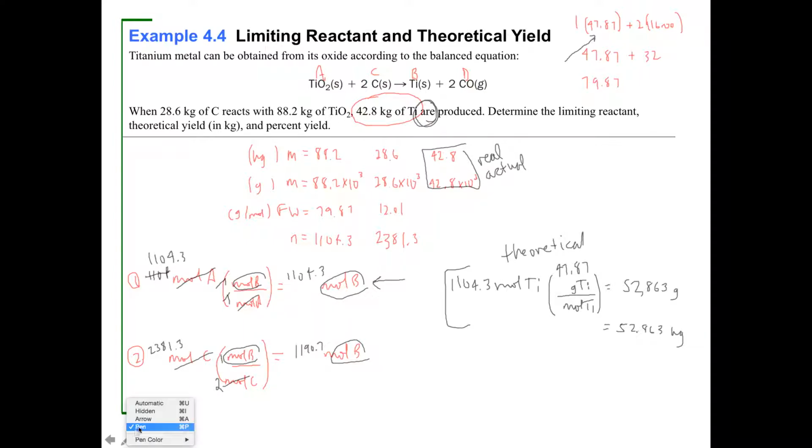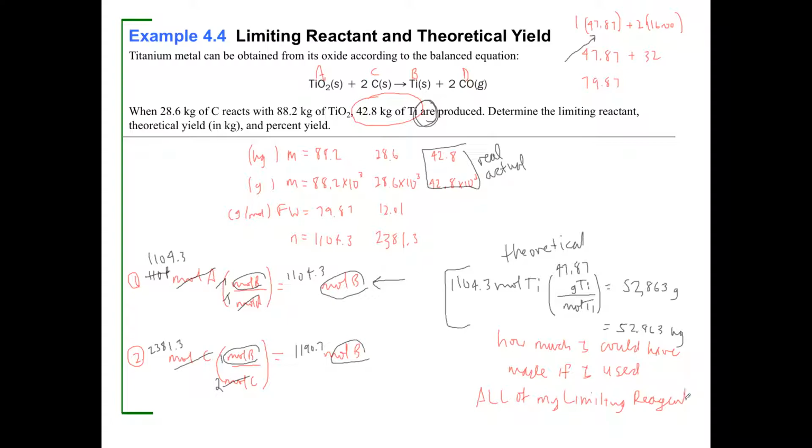Let me go back to a different color, okay? Let me go back to red. Watch this now, how much I could have made if I used all of my limiting reagent and lost none.